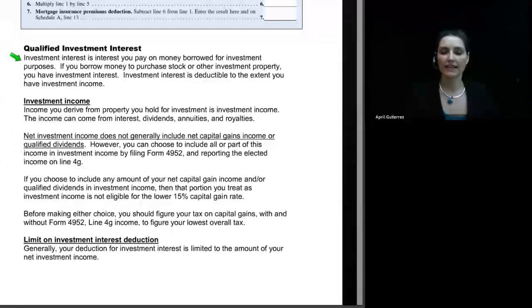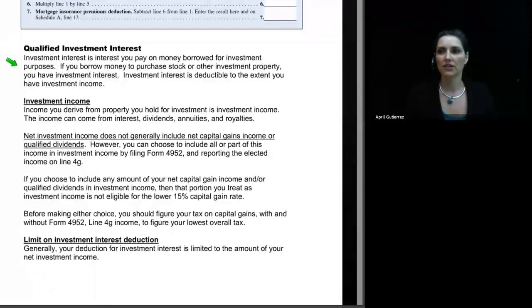Next, we have qualified investment interest. Investment interest is something that a number of people pay for, but you may not even be aware that they're doing it. And the way you figure out if they are doing it is by looking at their brokerage account statements. If they have 1099 dividend statements, say from Morgan Stanley or Smith Barney, for example, they're going to possibly have some investment interest on them, and they usually call it margin interest.